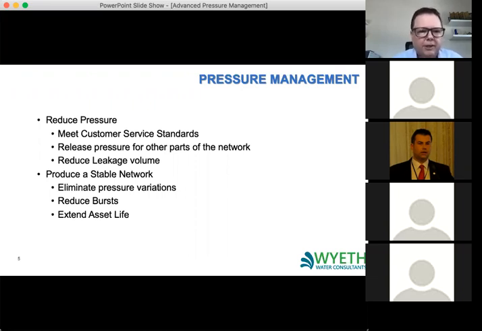The second reason is to produce a stable network. If you just have an open network, especially in a pumping system, you can have pressures that are going up and down all the time. And those variations in pressure can really have an effect on the strength of the pipe.